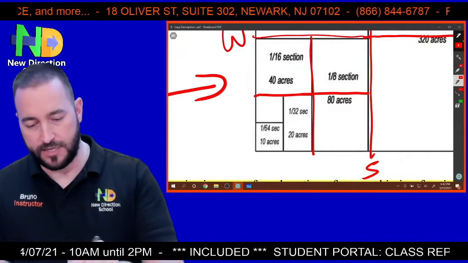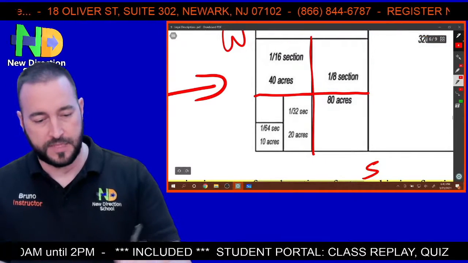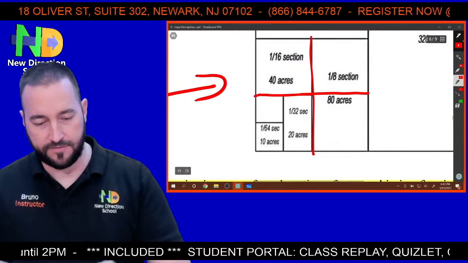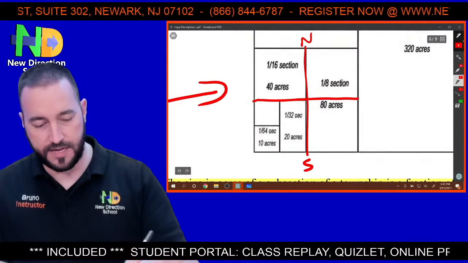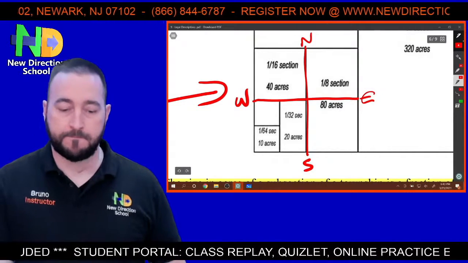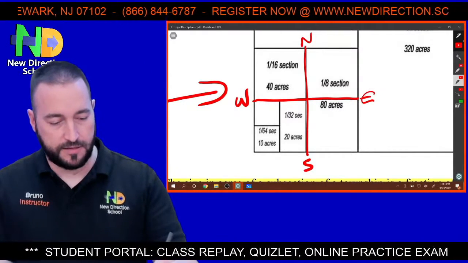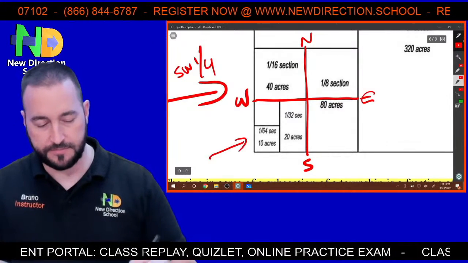If you guys look at it, let's take these lines out of here so it's not confusing. What do we have? We have a cross again. North, south, east, west. This is the southwest quarter, but what is this?